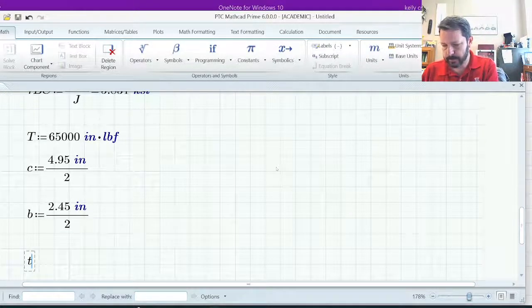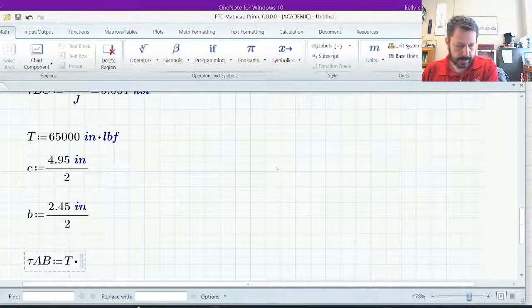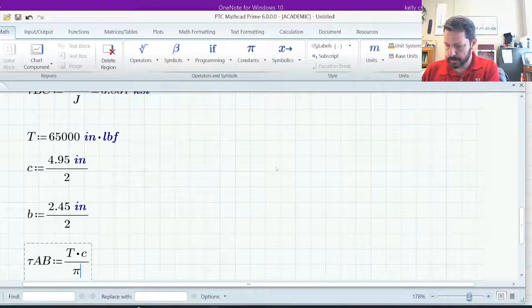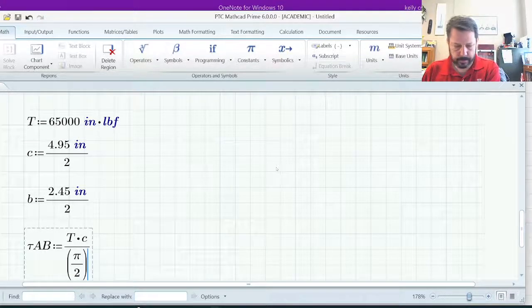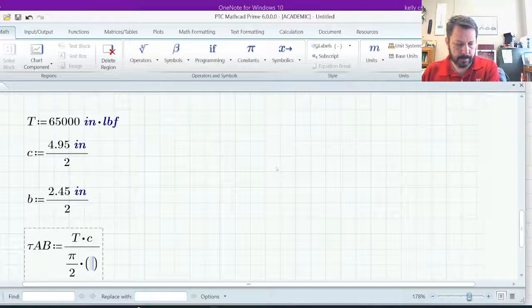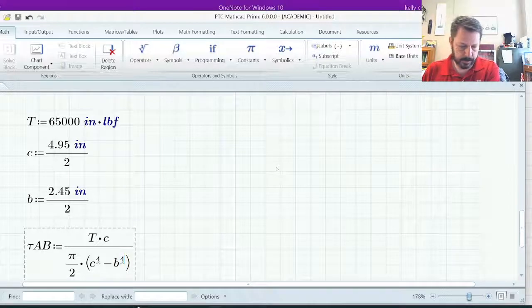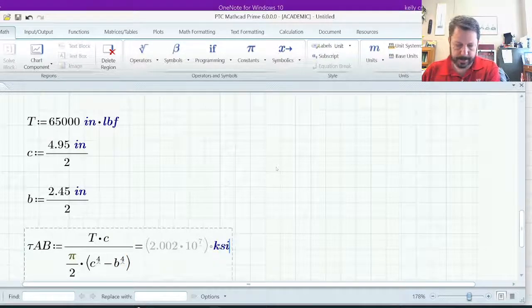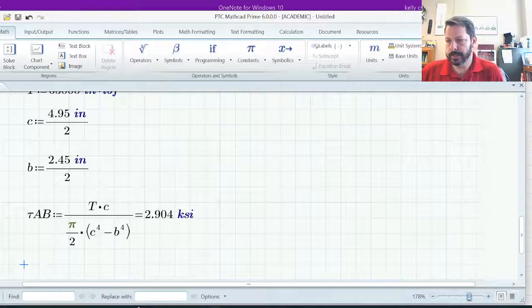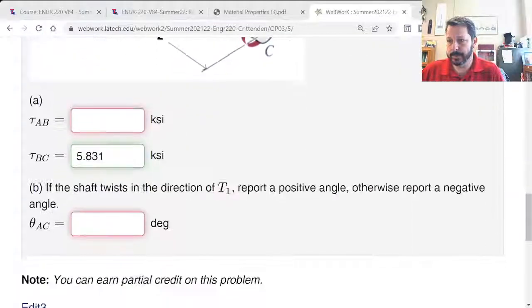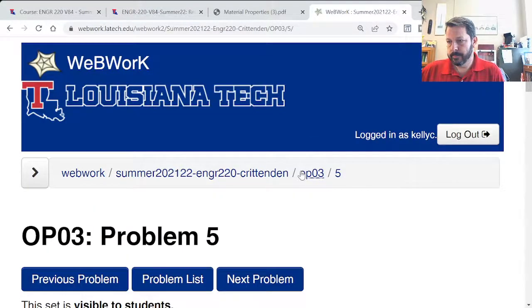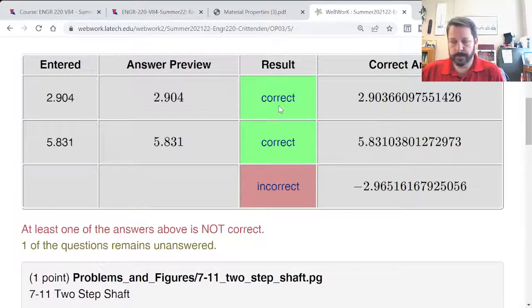All right, so tau for section AB is this new version for T times new value of C, TC, over J, which is pi over 2 times C to the fourth minus B to the fourth. And put in KSI. 2.904. So let's see if our web work likes that number. And it does. There we go.